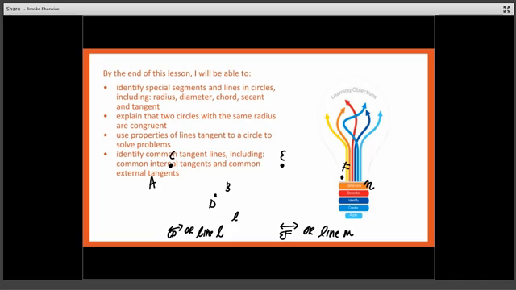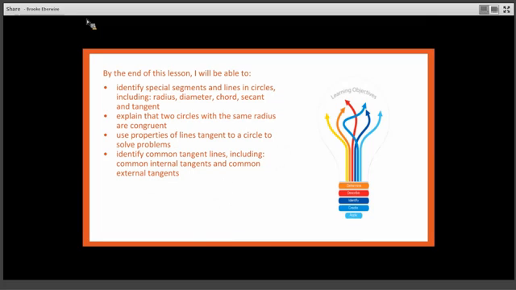So let's look at the next figure and figure out how many common internal tangents we see. Remember, the definition of a common internal tangent is that they intersect through the segment containing the 2 centers of the circles. So if I connect these 2 centers, the internal common tangents are those tangents passing through that dotted yellow line.